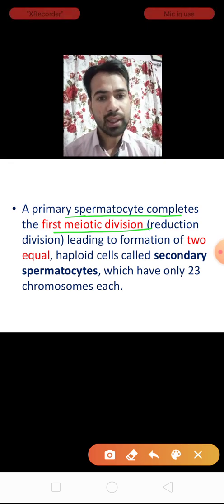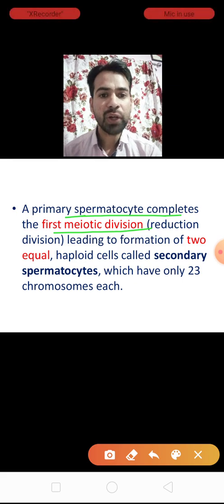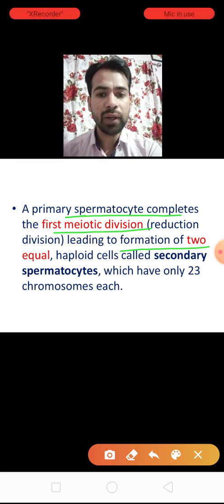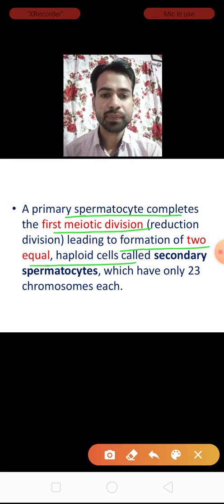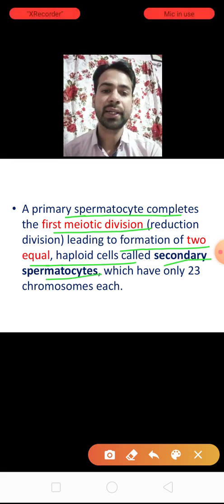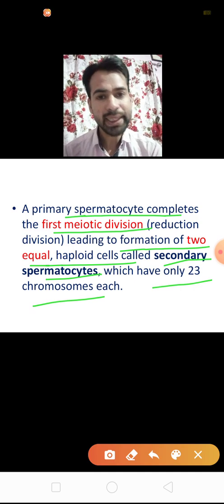Okay, clear? So a primary spermatocyte completes the first meiotic division, leading to formation of two equal haploid cells called secondary spermatocytes, which have only 23 chromosomes each.